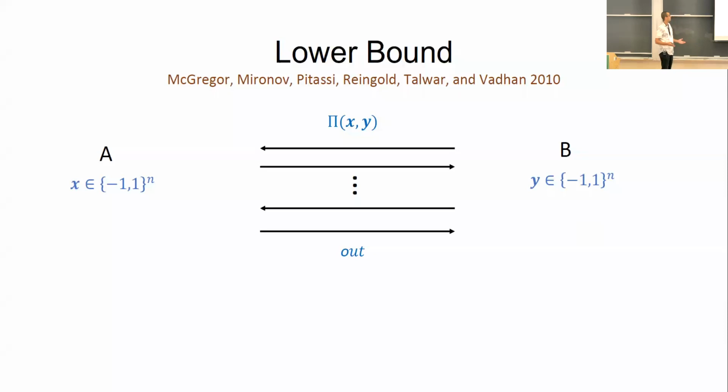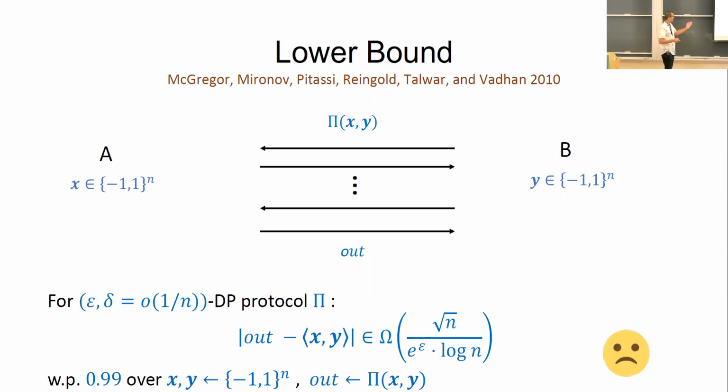There is a lower bound by McGregor et al., which states that for every epsilon-delta DP protocol pi, the additive error with respect to the inner product must be at least square root of n over log n, for uniformly random databases. Basically, this means that up to this log n factor, the protocol that just outputs 0 is the best thing we can do.